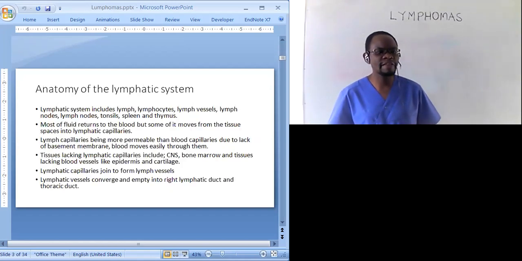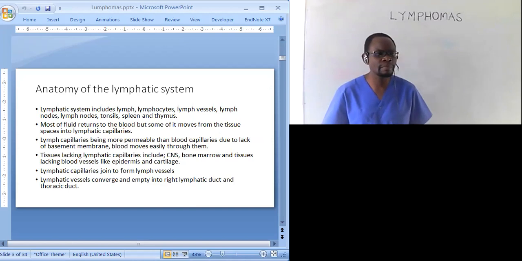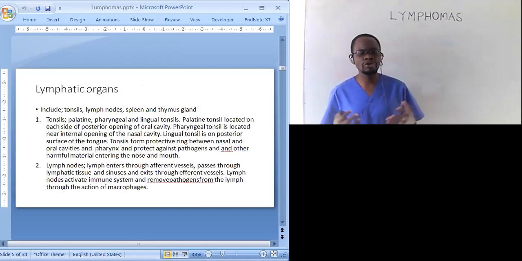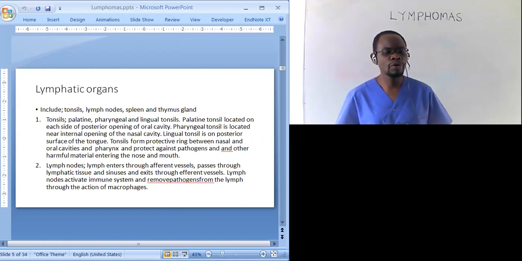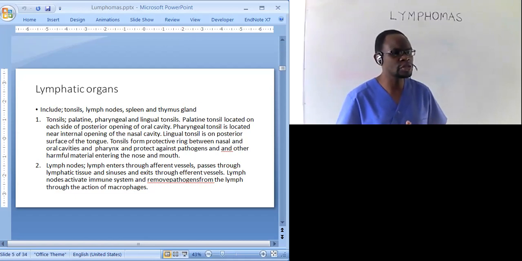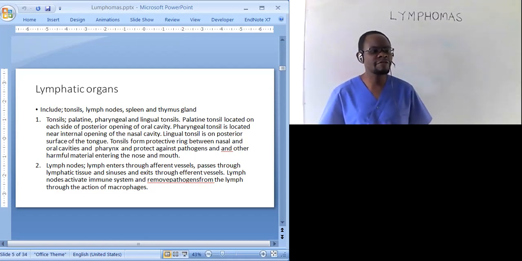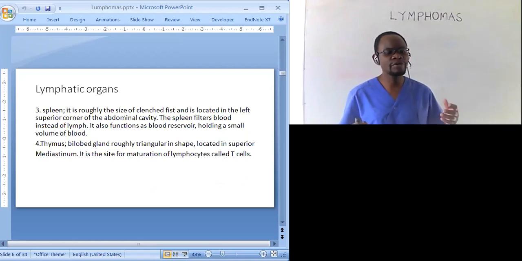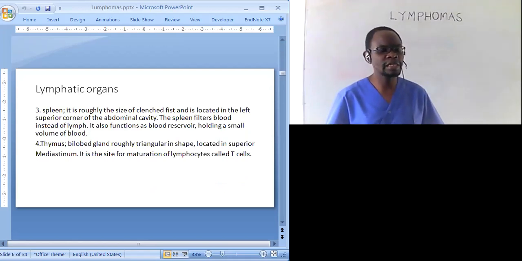And of course, the anatomy of the lymphatic system, and more so the organs or structures that make up the lymphatic system. These are structures like the tonsils, the lymph nodes, the spleen, and the thymus in the young ones.